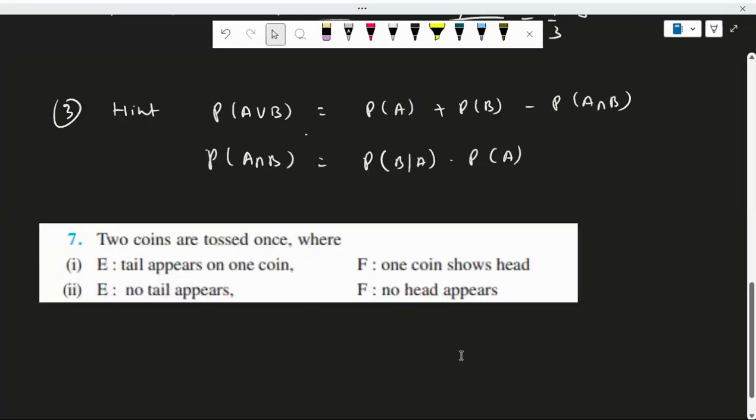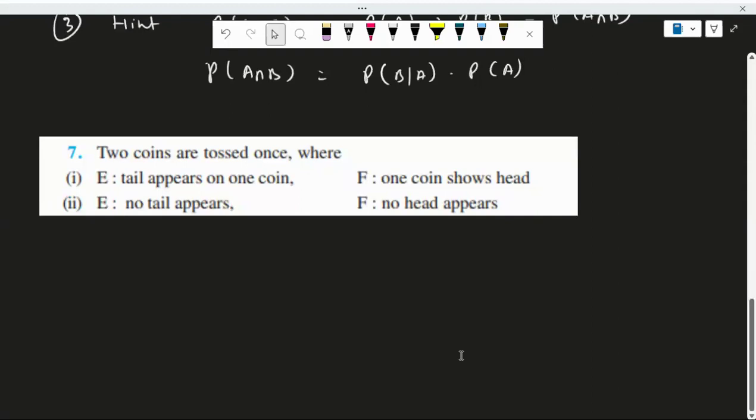Question number 7. Two coins are tossed once, where E is tail appears on one coin. F is one coin shows head.